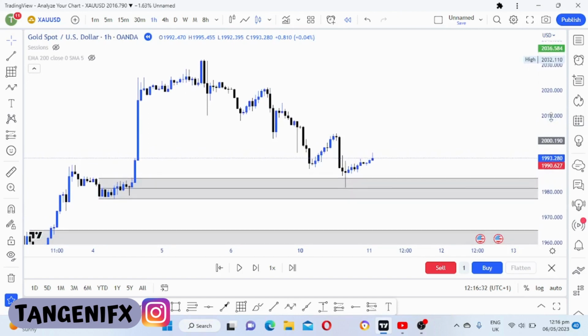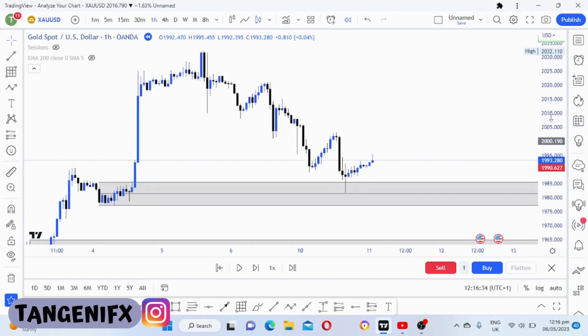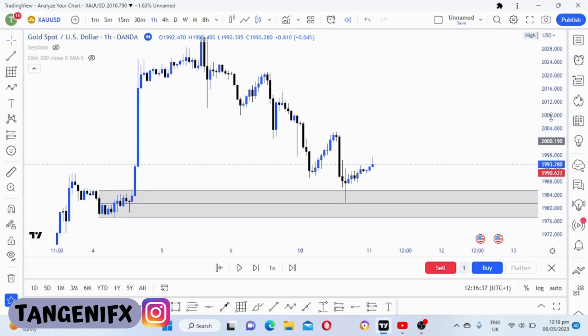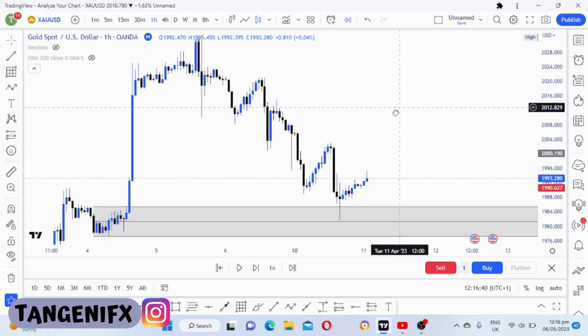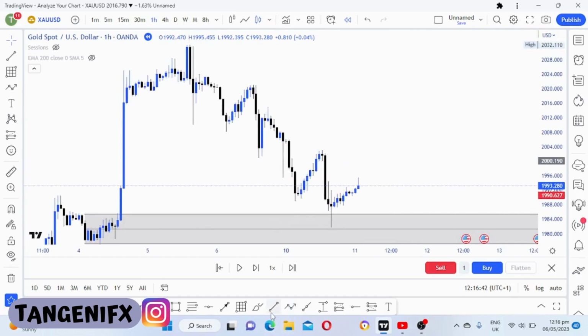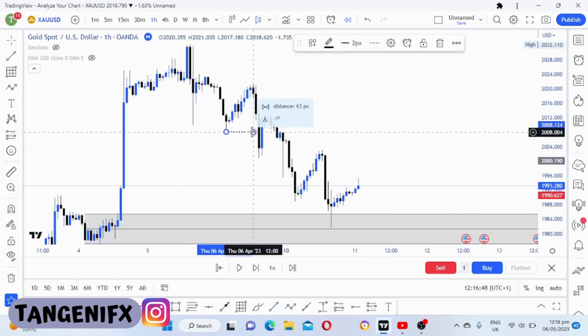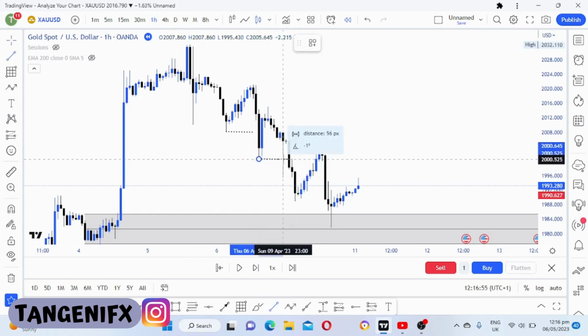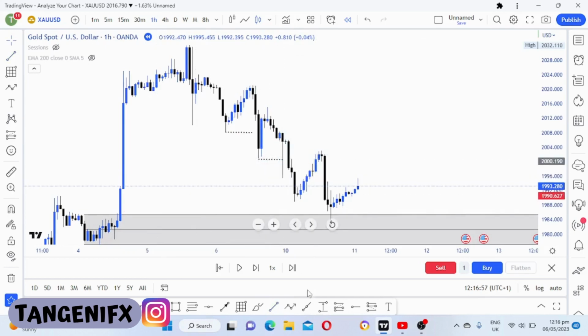We are in a pullback phase, as you can see here. Price is making lower lows and lower highs. So we are breaking structure to the downside.